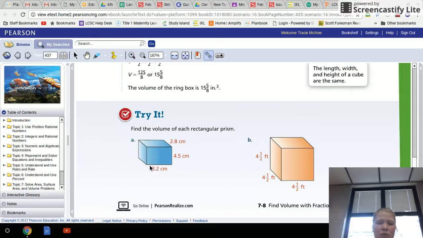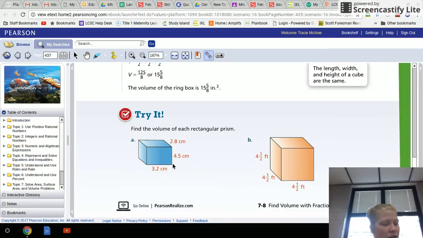Okay, so 3.2 centimeters times 2.8 centimeters. Get your product and then multiply that times 4.5. Go ahead and pause the video, figure out your answers, and then hit play, and then I'll tell you what the answers are for A and B.